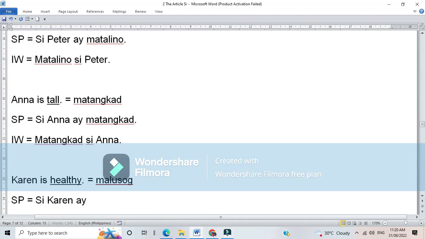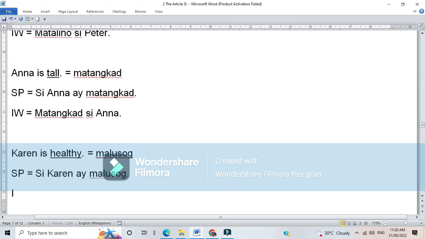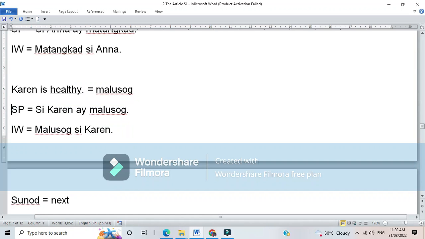Correct, that is ay. Si Karen ay malusog. How about inverted word order? You start the sentence with the predicate. Correct, that is malusog si Karen. That is the difference between the subject predicate and the inverted word order. Here we use the article si because Karen is one person and is a proper noun.